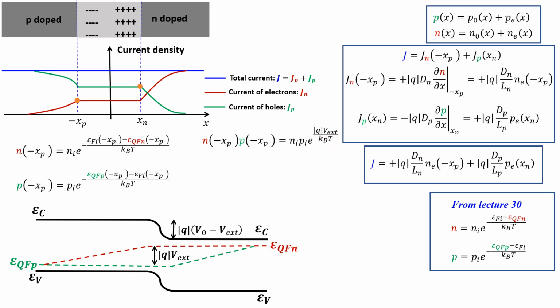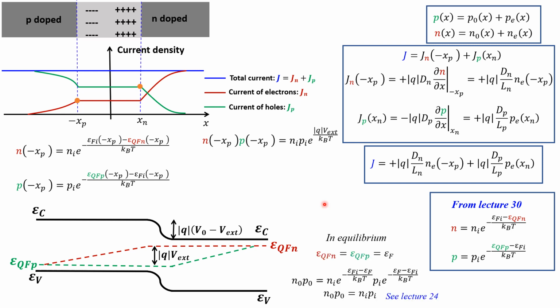So that's already good progress. But we can simplify this expression further if we recall that in equilibrium, the quasi-Fermi level of electrons and the quasi-Fermi level of holes become equal, and we call it the Fermi level. So in this situation, this expression here with the Fermi level and this expression here with the Fermi level become almost identical, but one is the negative of the other.